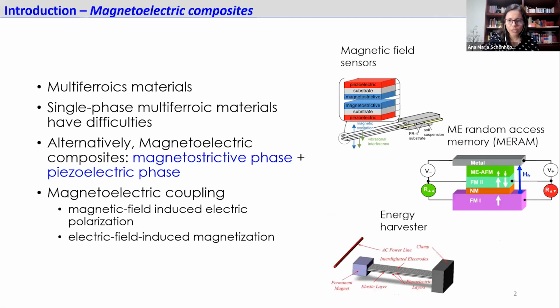Multiferroic materials are of great interest because they exhibit at least two ferroic orderings in the same phase. The presence of these orderings in a single phase leads to magnetoelectric coupling. Single-phase multiferroic materials have difficulties for device application due to their low Curie temperature, which is below room temperature, and weak coupling between electric polarization and magnetization.